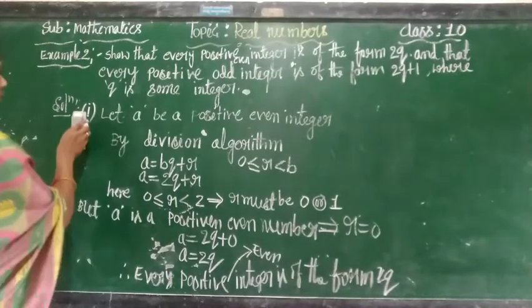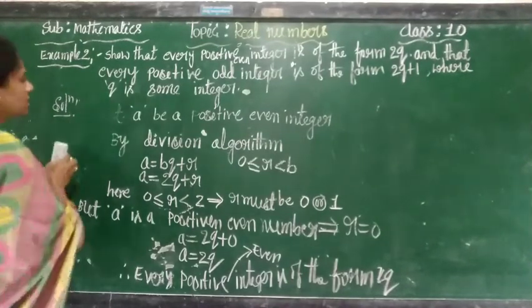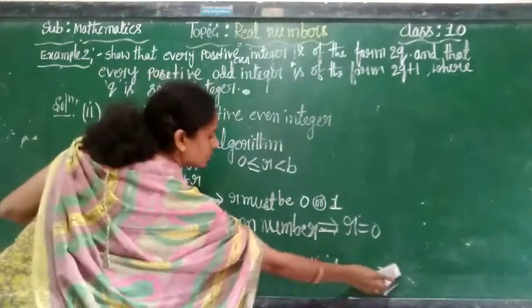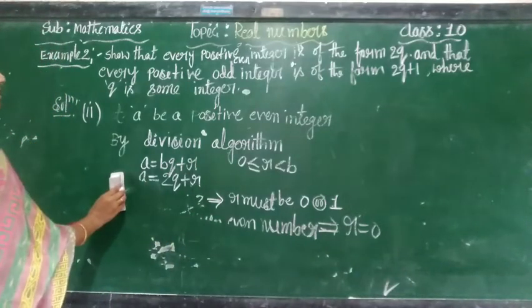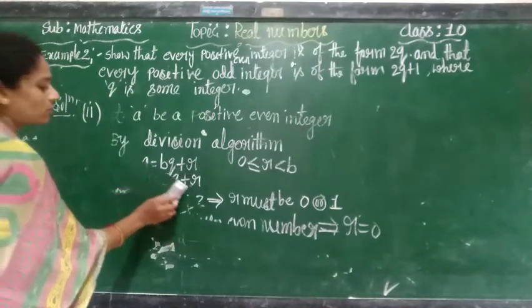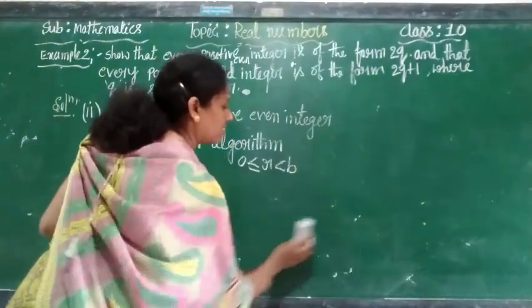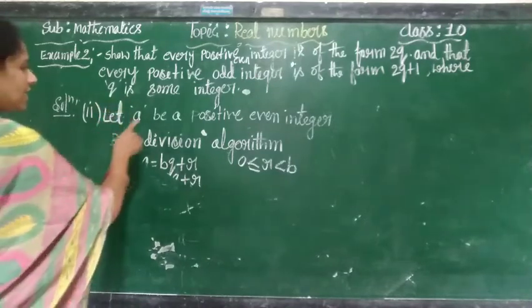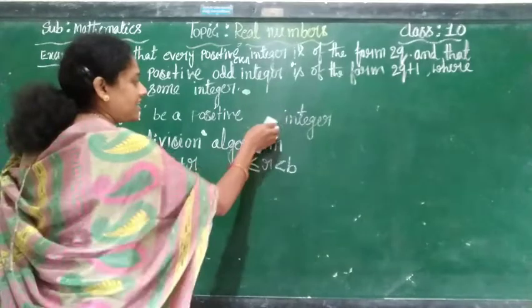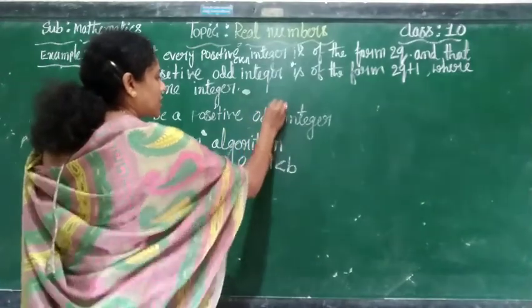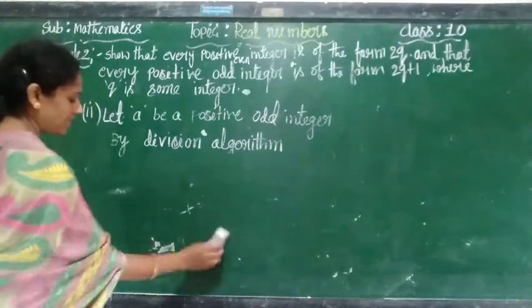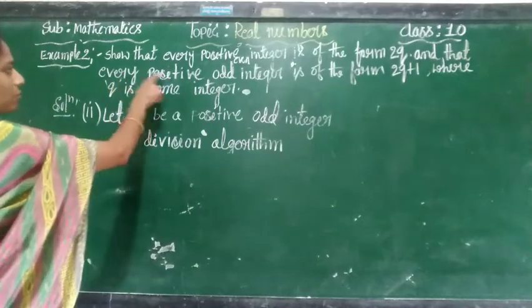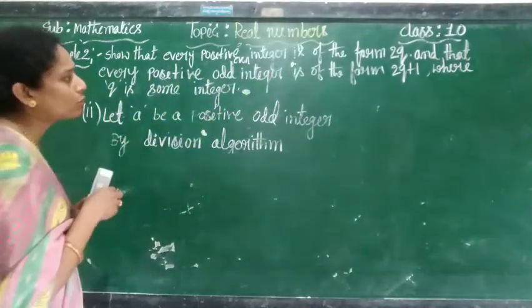Now the second one: every positive odd number is of the form 2q plus 1.